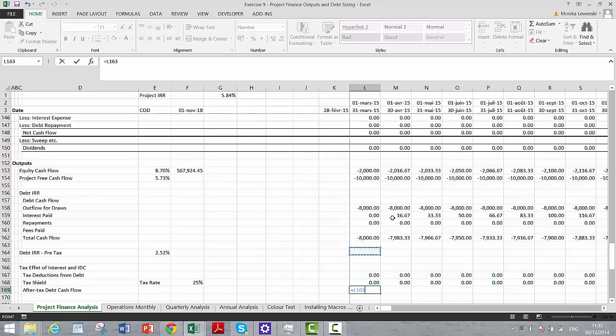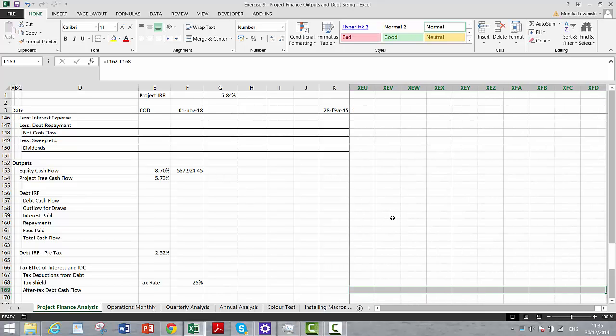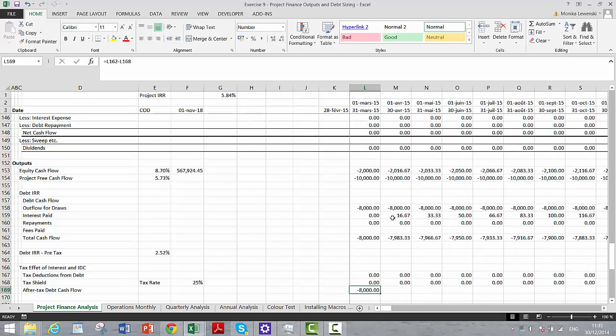So that's just going to be our cash flow minus this one. So that's going to give us a little bit of a lower number.